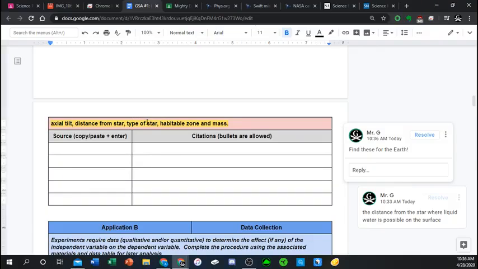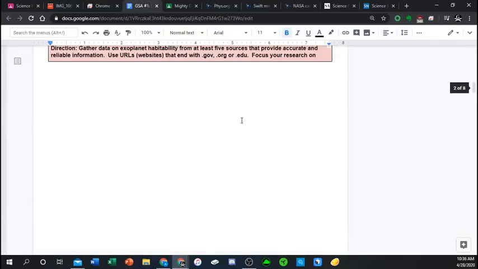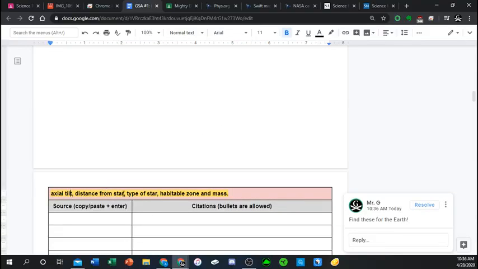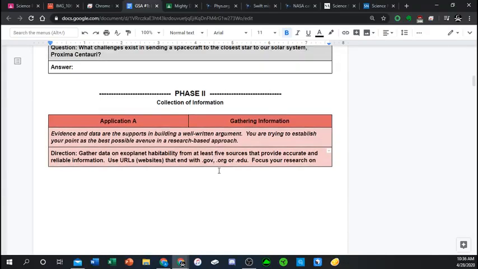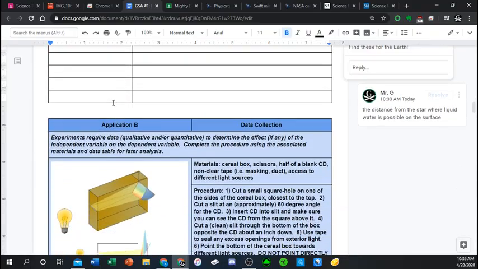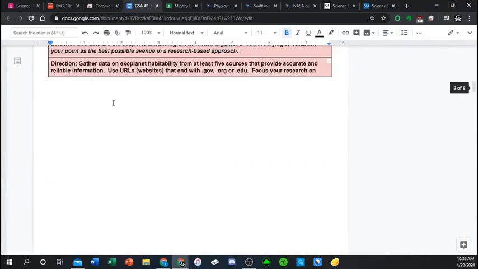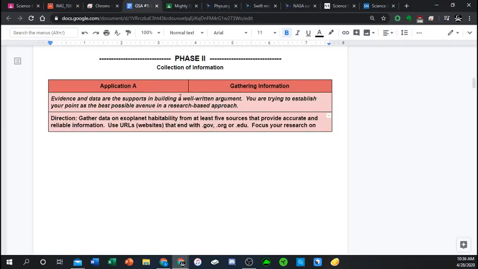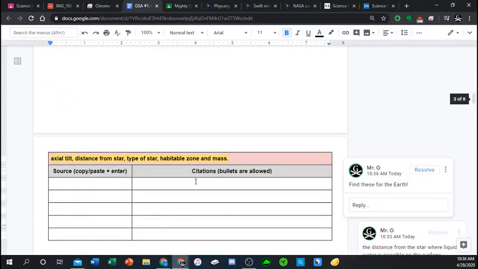And then go on to finding other information. So there are 5 different categories, and you need 5 sources. You might just use a different source for each category. All right? That's application A. You got questions? You let me know.